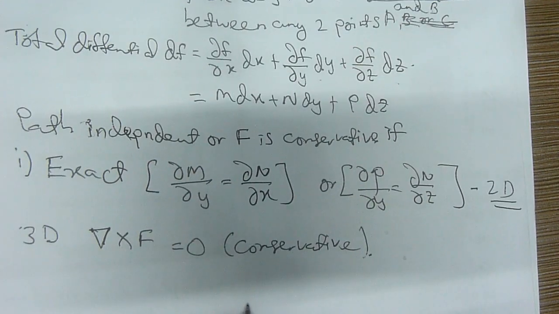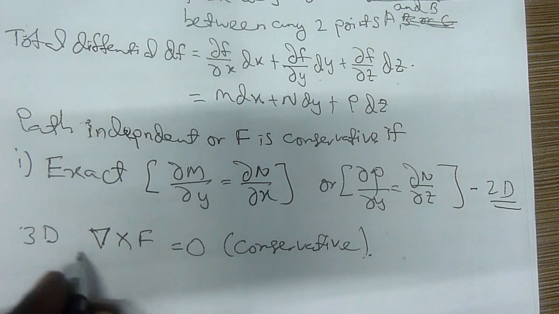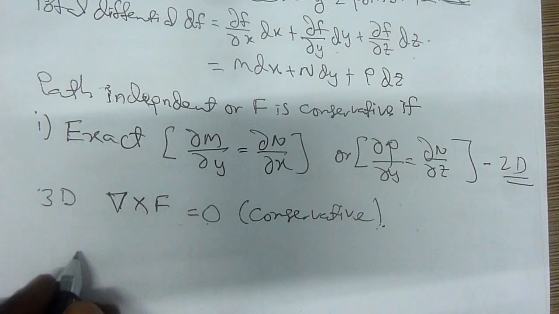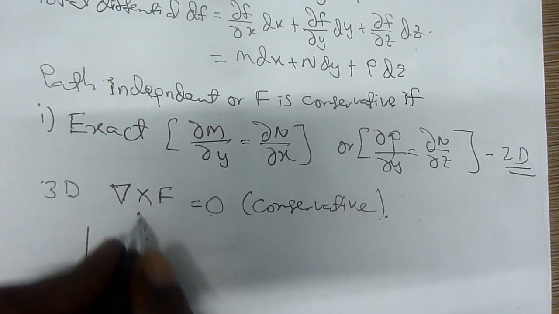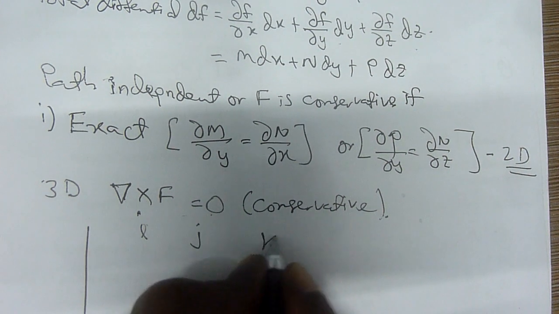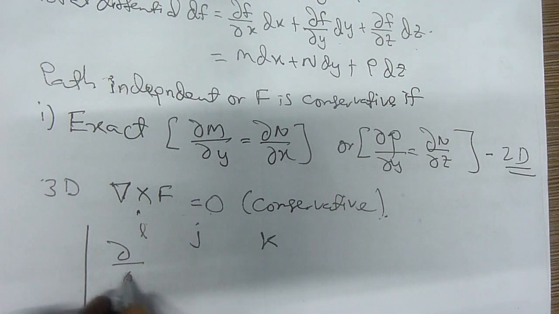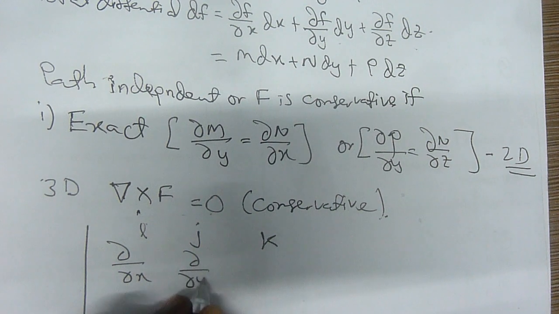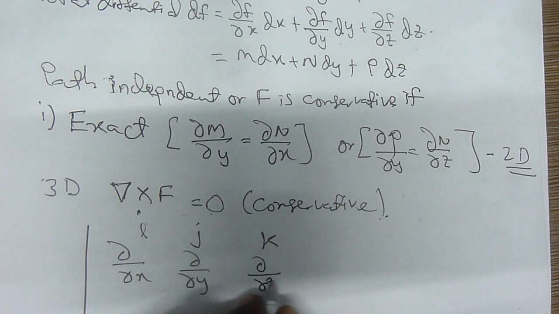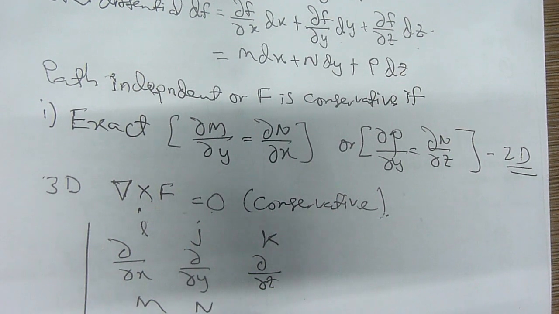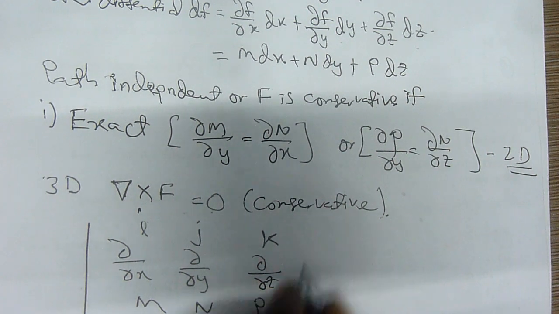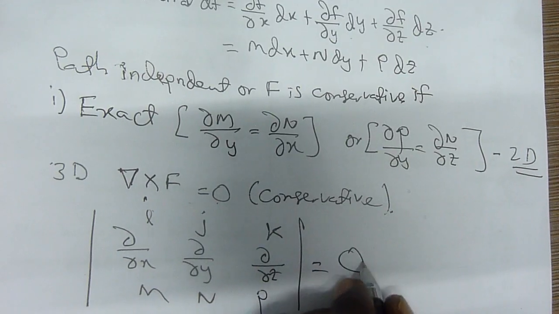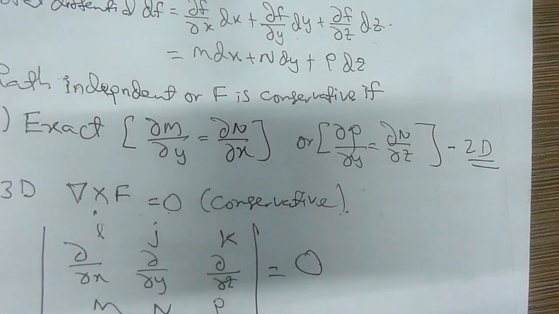Therefore, if this is 0, we can write the whole equation as the determinant with i j k, del x, del y, del z, M N P, equals 0.